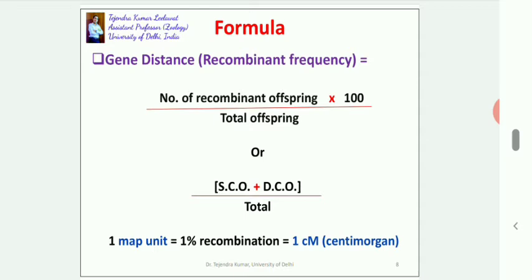So since the question asks about recombination frequency, you divide the number of recombinant offspring by the total offspring and multiply by 100.